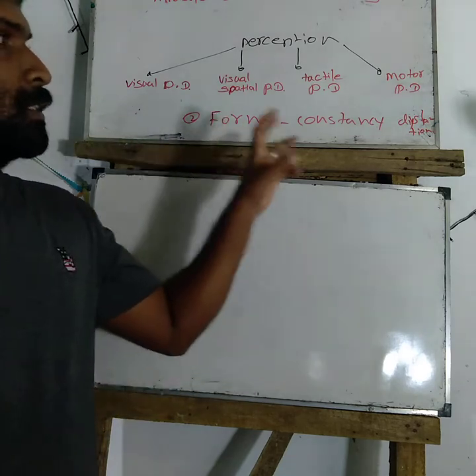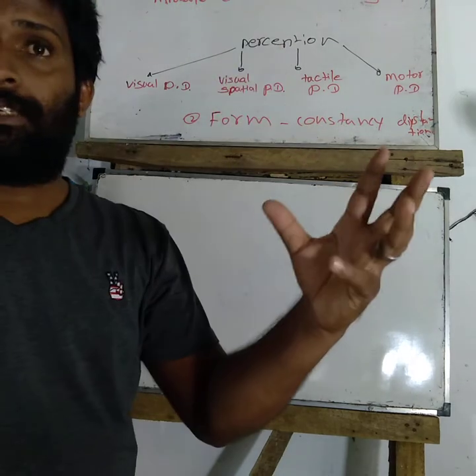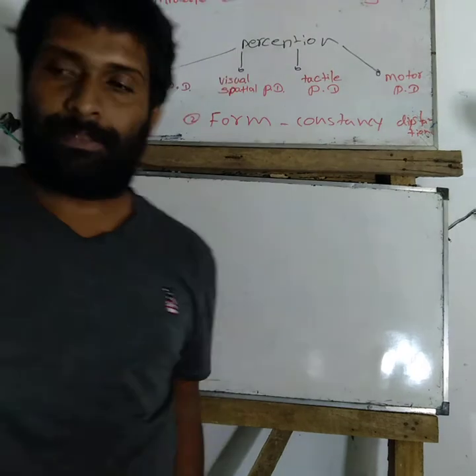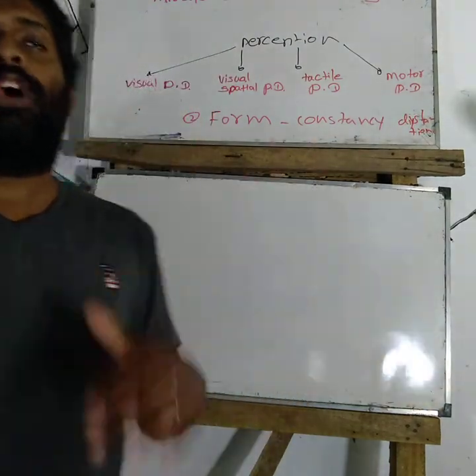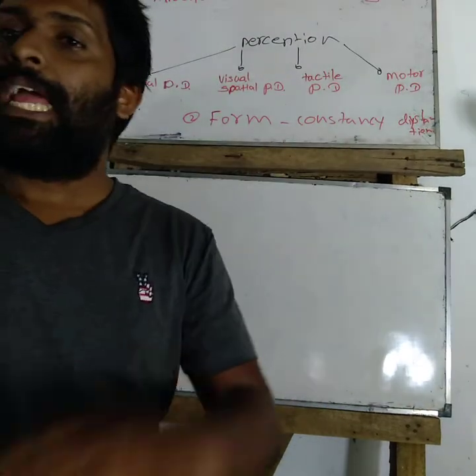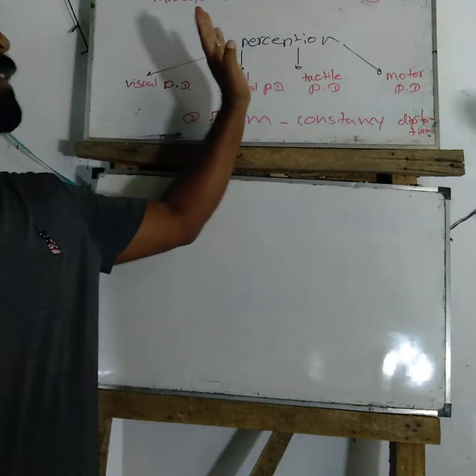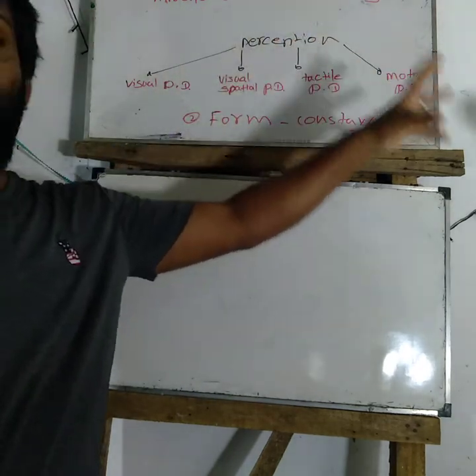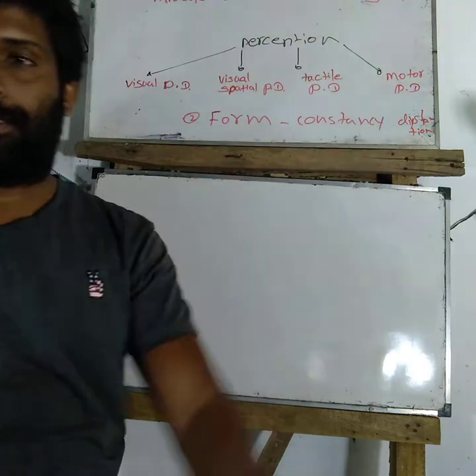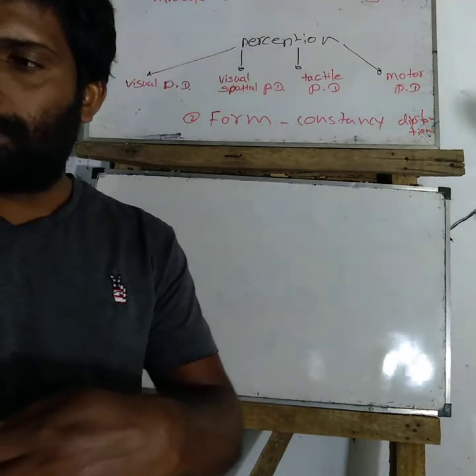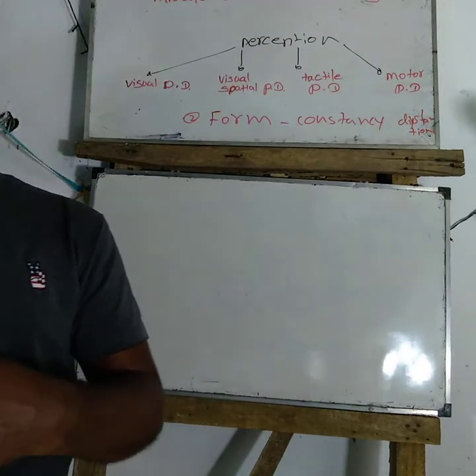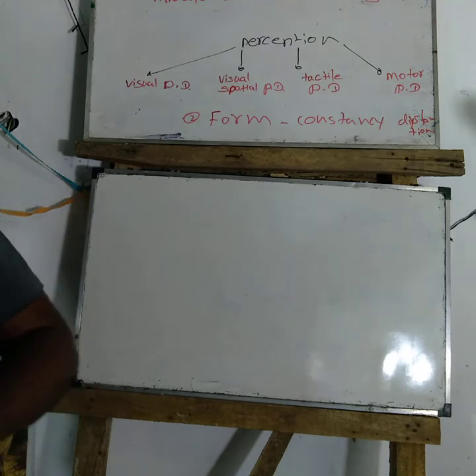A normal person has form constancy ability, but form constancy dysfunction occurs in some forms of brain injury or middle cerebral arterial damage patients. Right, we are going to discuss one by one about this form constancy dysfunction.